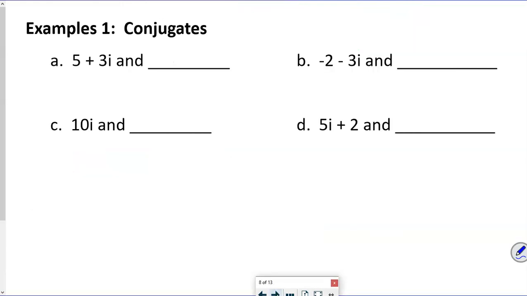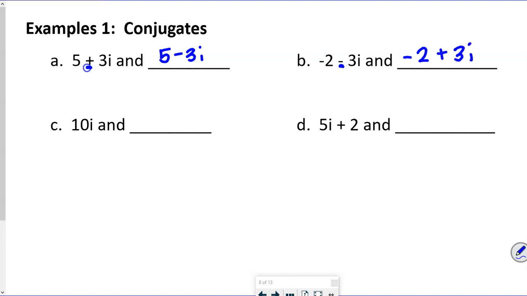We're going to go through some examples together. So 5 plus 3i, this is already in standard form. So again, we're only going to change the sign of the imaginary part. So this is going to be 5 minus 3i. With b, again, we're only changing the sign of the imaginary part. This is going to be negative 2 plus 3i.